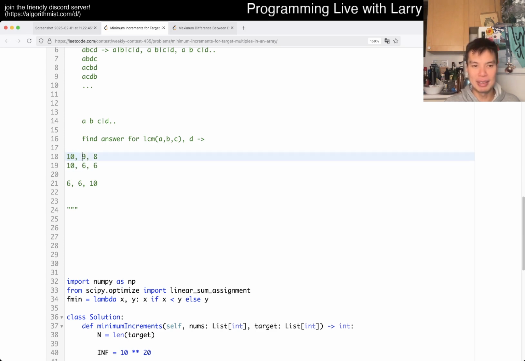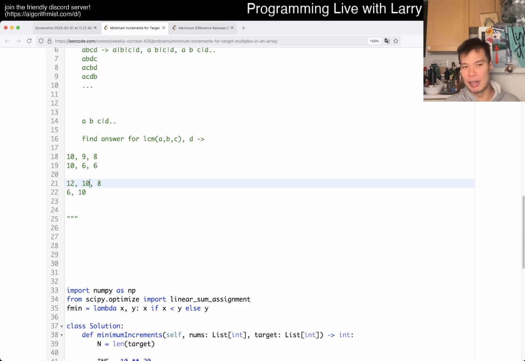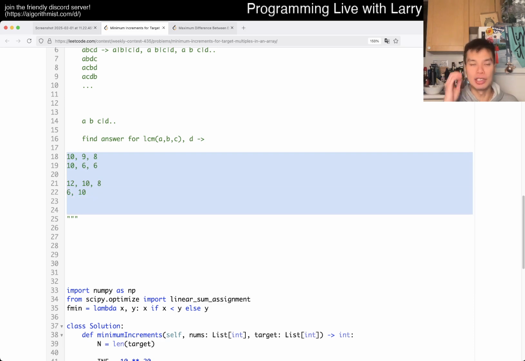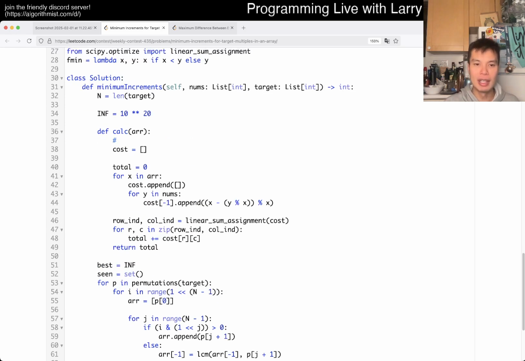And on a similar note, you'll want these and maybe the 6 you combine, and then the 6 will match the 10, so that will give it a 12, and then 10 will match the 9, give it a 10, and then you'll find a better answer. As a result, it actually also brute forces every possibility. So that is why it is good, right? Because you're greedy on matching each one.